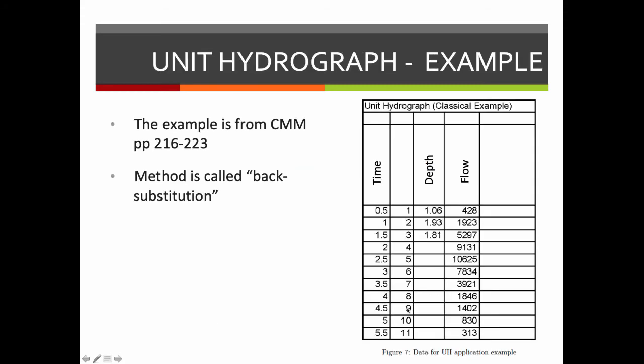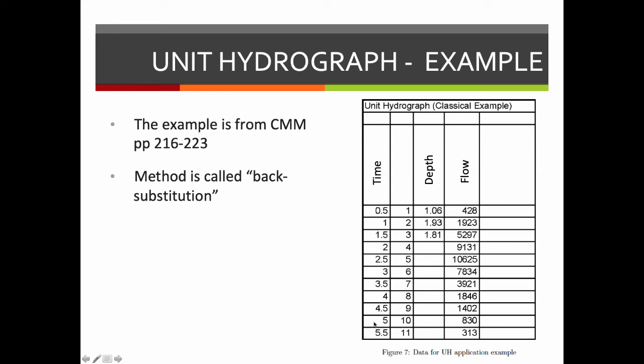Let's look through an example because that will illustrate some of these ideas and clarify some of that notation. Here's an example from Chow, Maidment, and Mays, pages 216 to 223, and it uses a method called back substitution. Here are our time intervals.